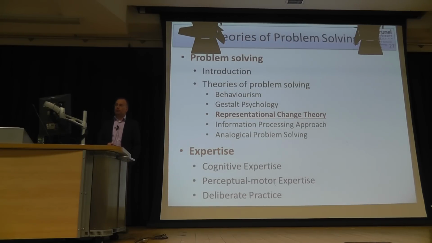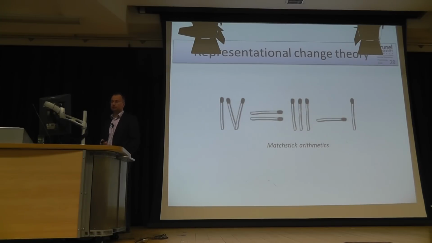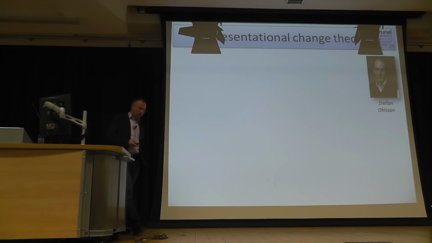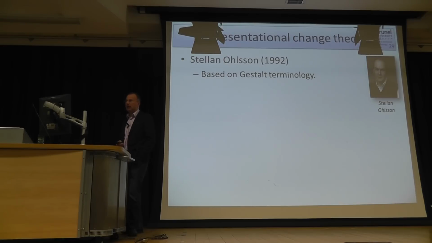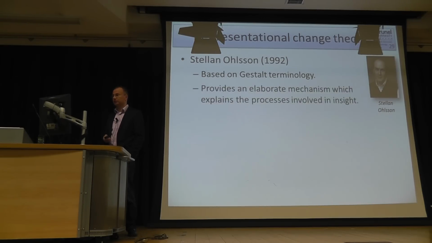Okay. So we go next to representational change theory, which is a more modern theory, but directly builds upon the ideas of Gestalt psychology, but offers more explanations to that. Okay, so it's Stellan Ohlsson who has proposed this theory, and it's based on the same terminology as the Gestalt psychologists.